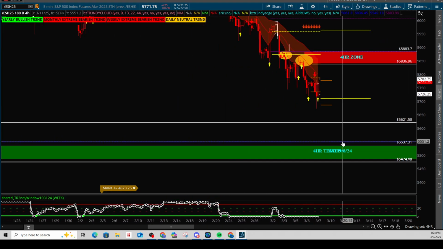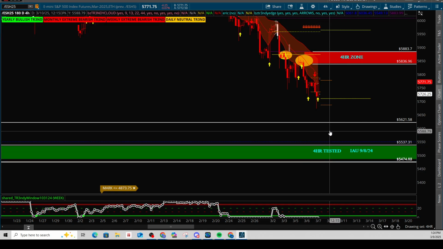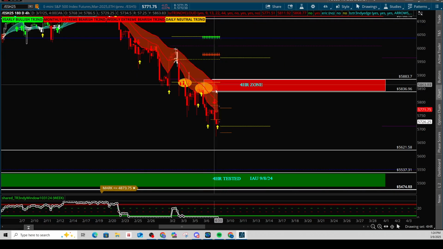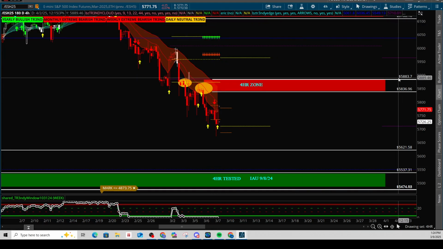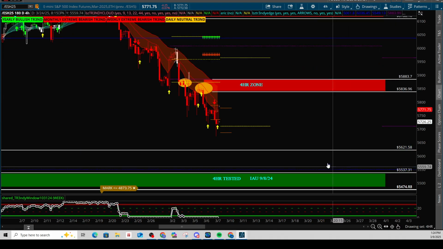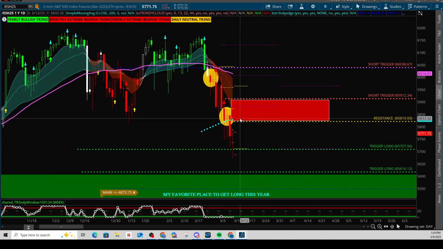So the zone is all the way down here. It doesn't mean we're going to go to it because again, it's already been tested. And as far as a gap up or anything like that, we'd be careful around this 58.36 by 58.83. If we go back, 58.19, and this is 58.36. So again, this is based off a daily.